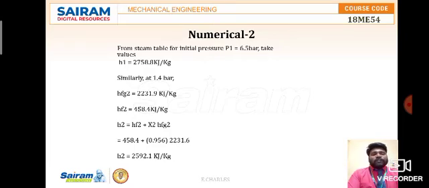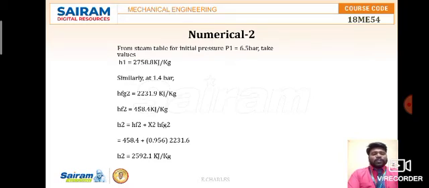Then finally we need to find the H2 value, that is H2 is equal to HF2 plus X2 into HFG2. For H1 there is no dryness fraction, that is X is equal to 1, so it is a direct total value. But for H2, since there are some wet particles in the steam and the dryness fraction is given as 95.6 percent, we use the formula H2 equal to HF2 plus X2 HFG2.